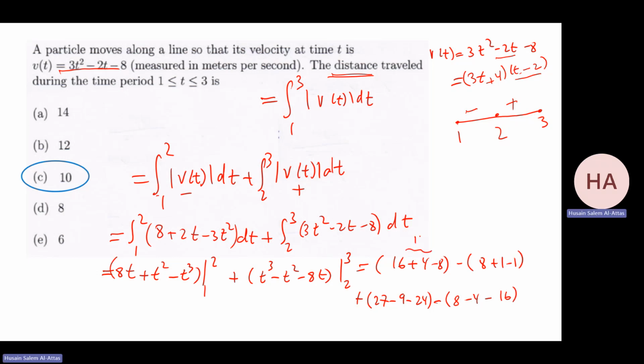Okay, this is 12. This is 8. This is 3 minus 9. This is minus 6. This is 8 minus 20.